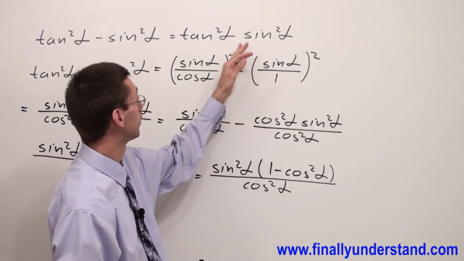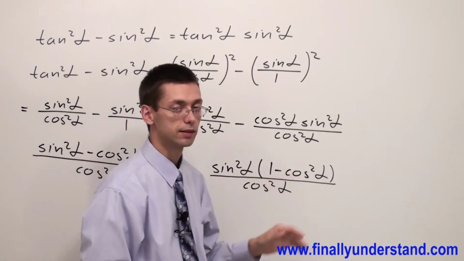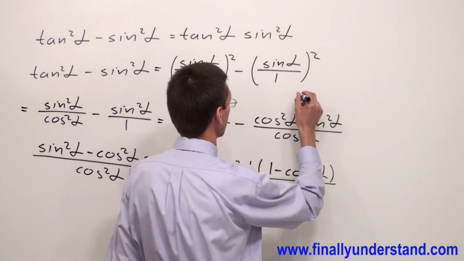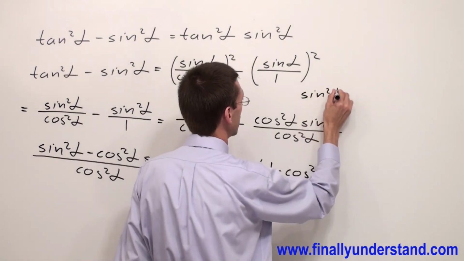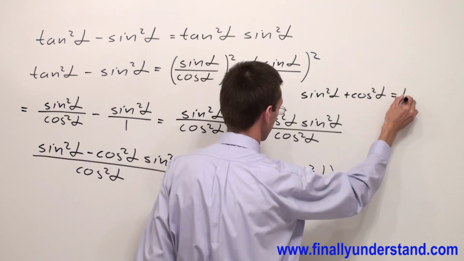Now, what about this sine square alpha? Please notice that this is nothing else, just the Pythagorean relation. The Pythagorean relation says sine square alpha plus cosine square alpha is equal to 1.